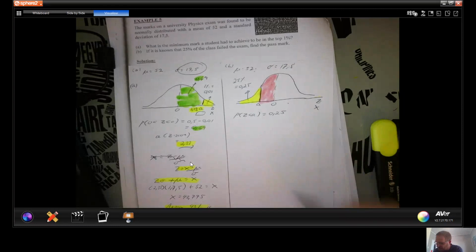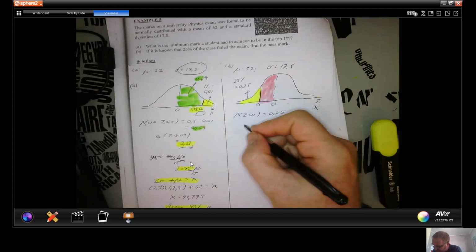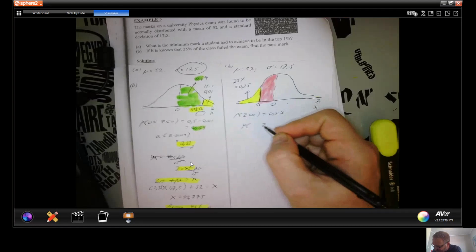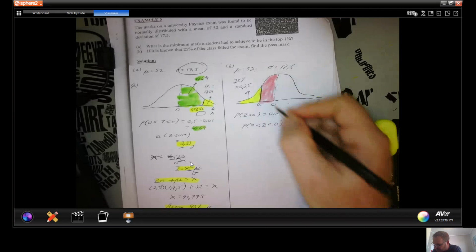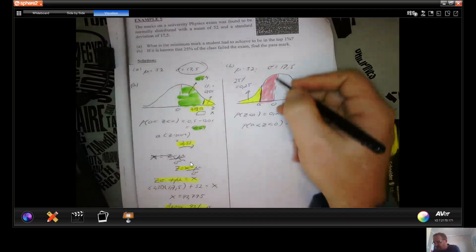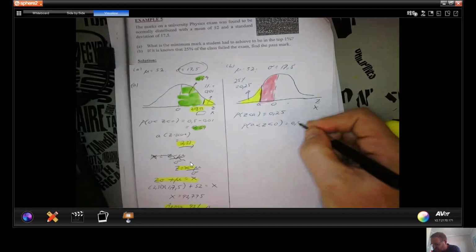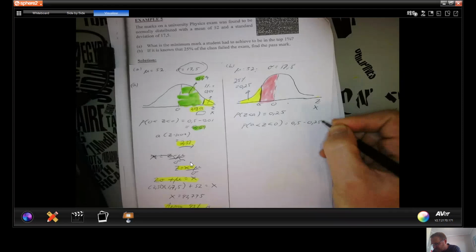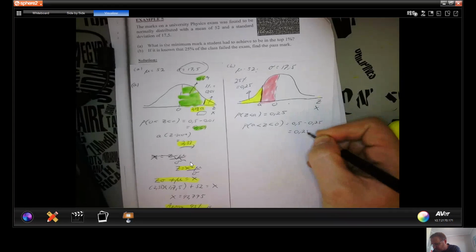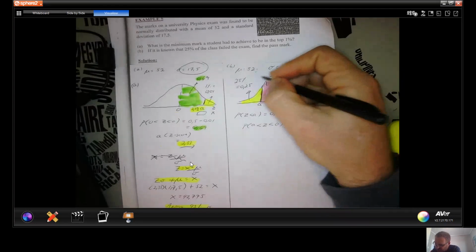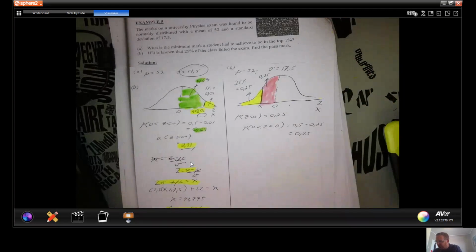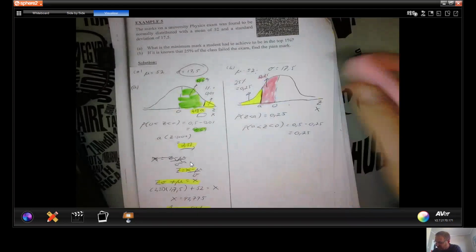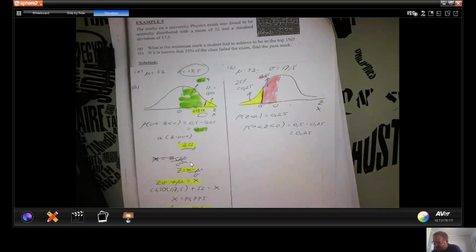The probability that the Z score is bigger than A and less than 0, in other words the pink region, well, that whole area is 0.5, so it's going to be 0.5 minus 0.25, which is equal to 0.25. So that area there is 0.25, and 0.25 plus 0.25 is 0.5. Right, so it happens to be the same in this case.